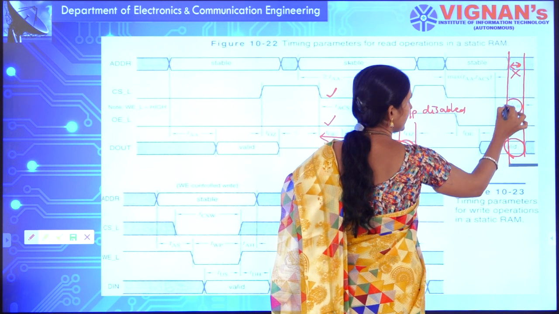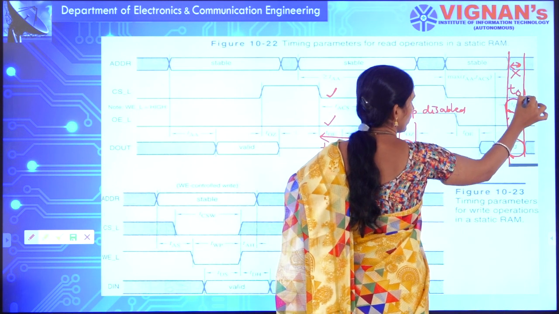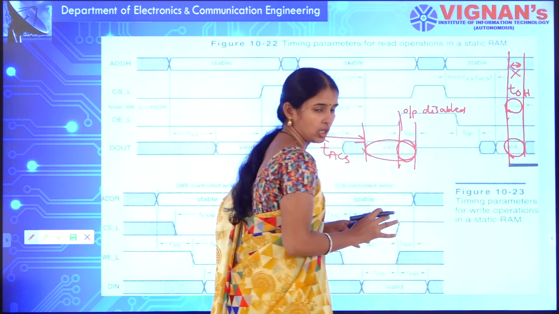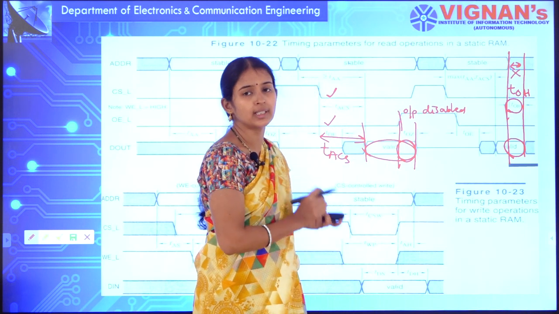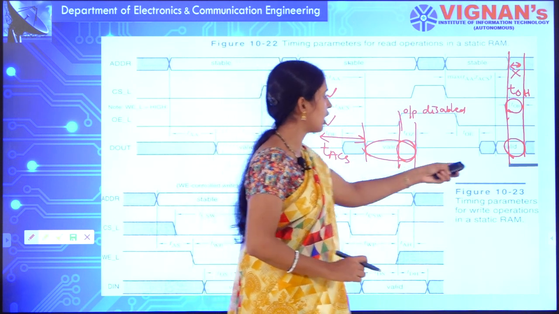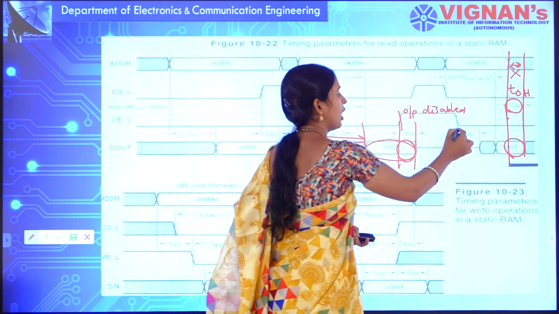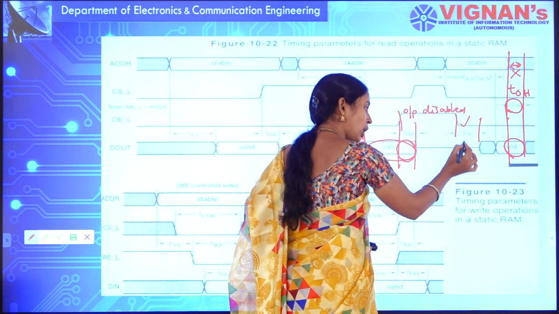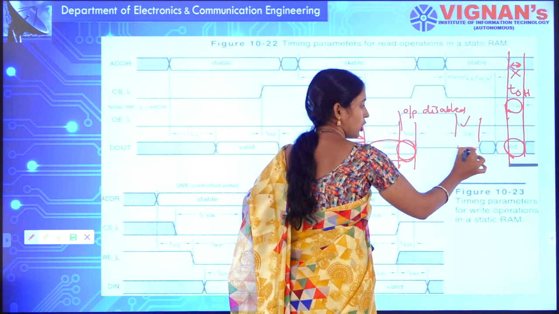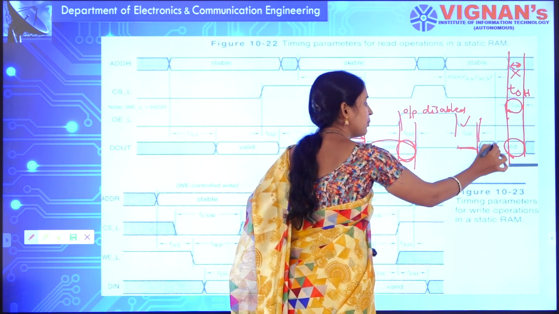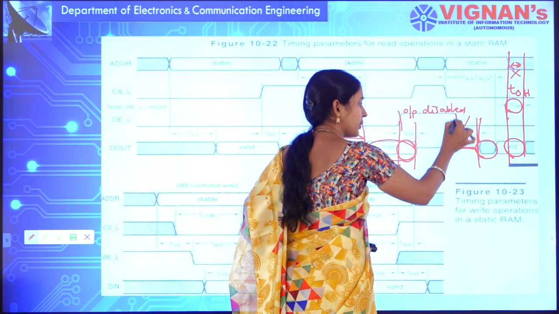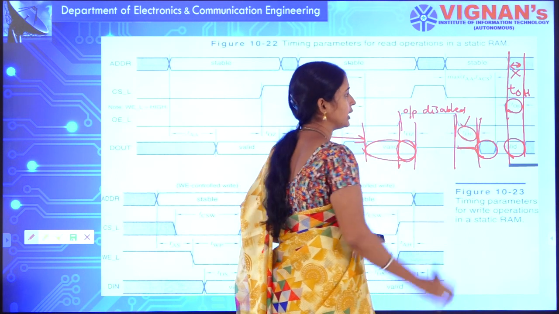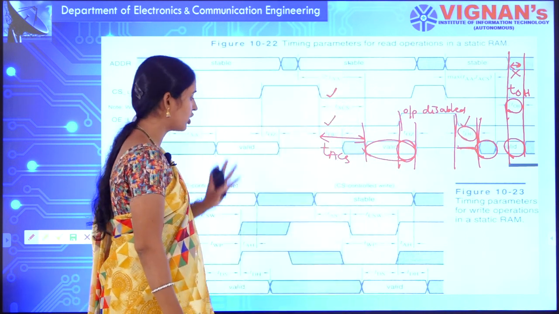This indicates your TOH, the output hold time. The address is not available, but it is holding the data; that is your output hold time. When output is enabled, you are not yet getting your data; you are getting some invalid data, but after some time period it becomes valid. It is called your TOE. So, that is your read operation.